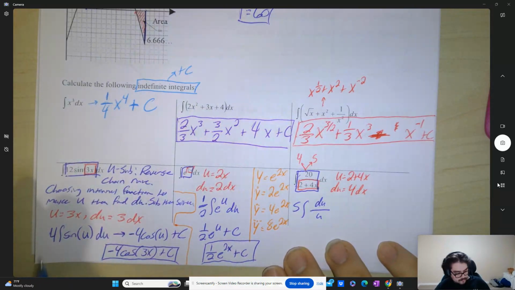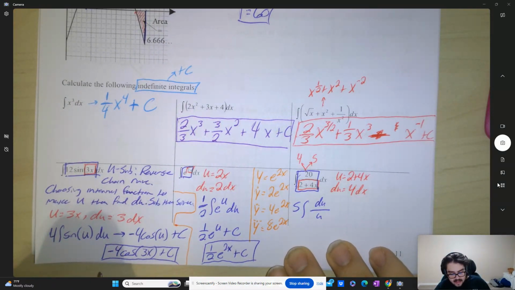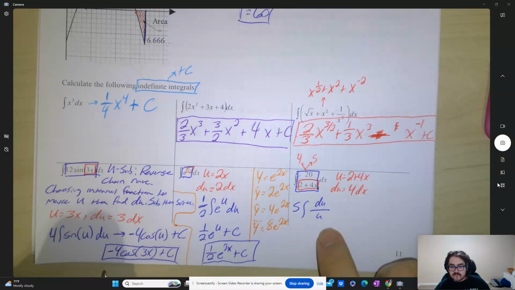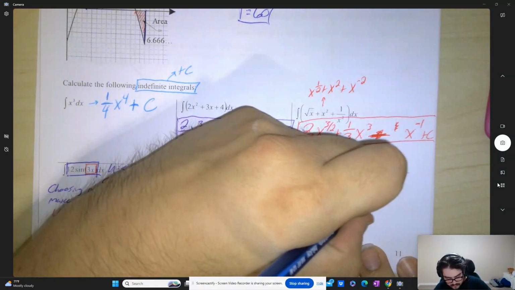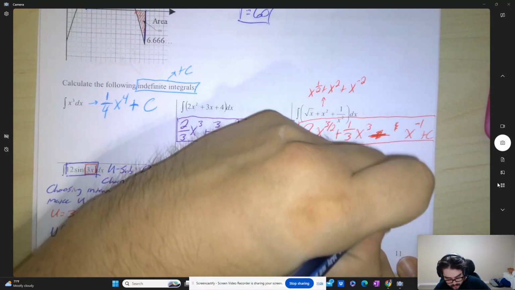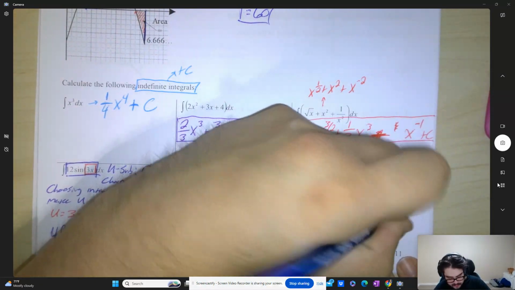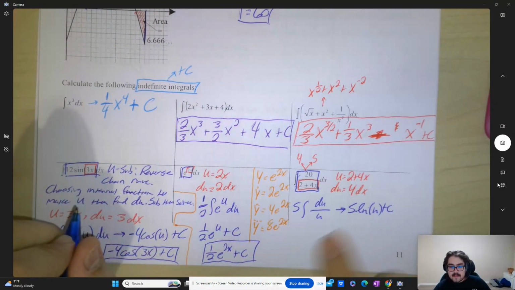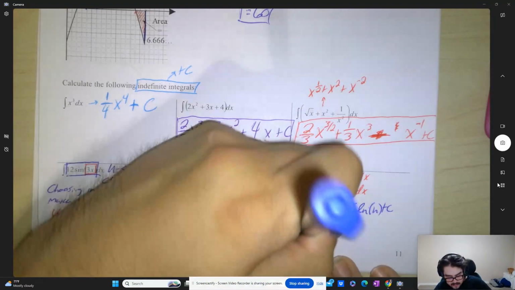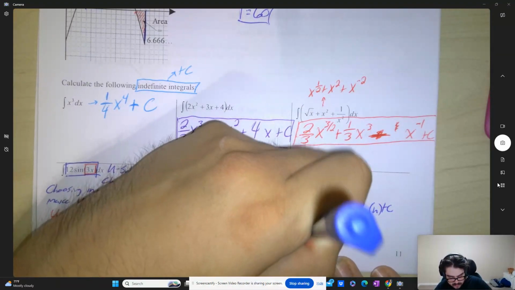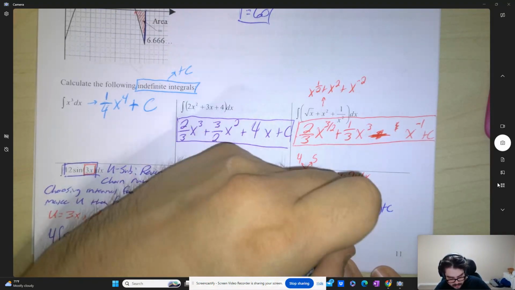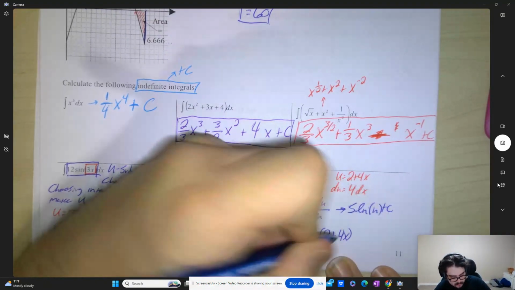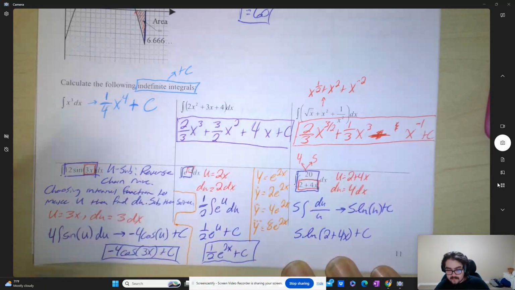And then you should notice this is 1 over u times du. The integral of that is just going to be 5 natural log of u plus c. Then make sure you substitute the u back in, and you end up getting 5 times the natural log of 2 plus 4x, plus c.